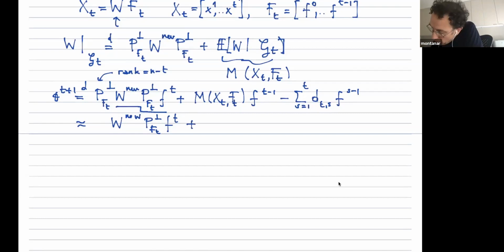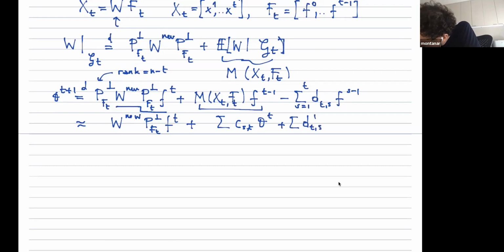Since this is a function of x and f, you can write it as a sum of certain coefficients times theta t, and then some other coefficient d prime.